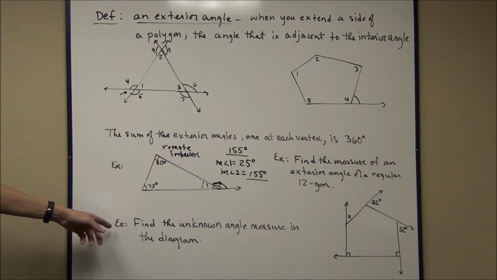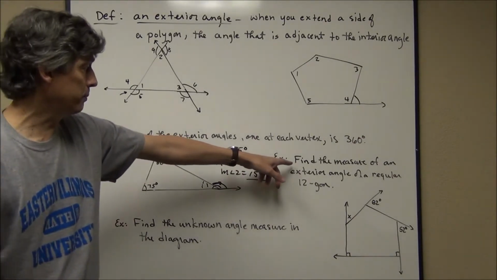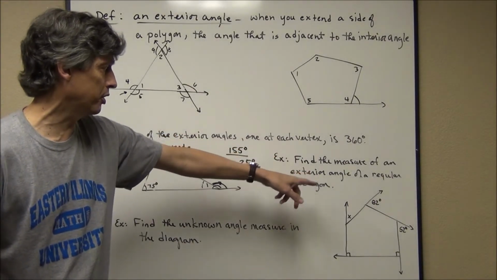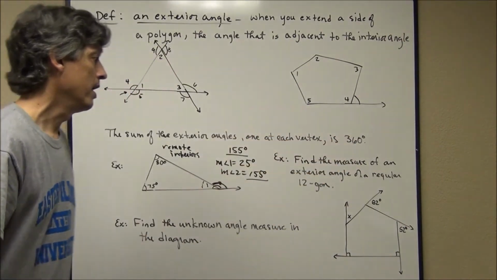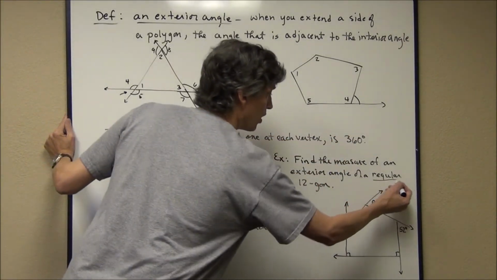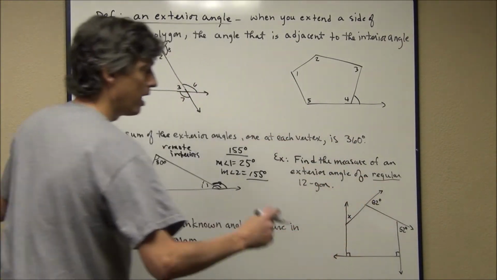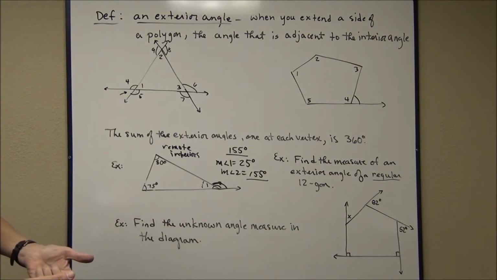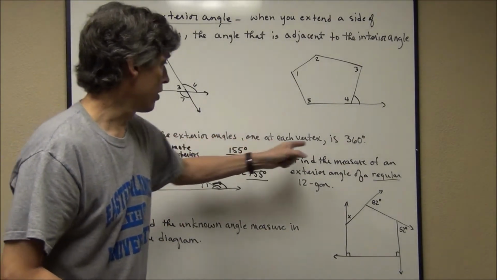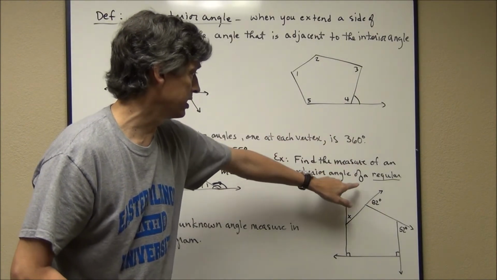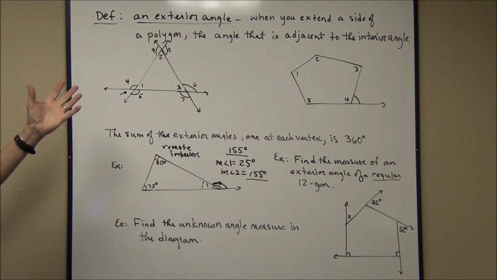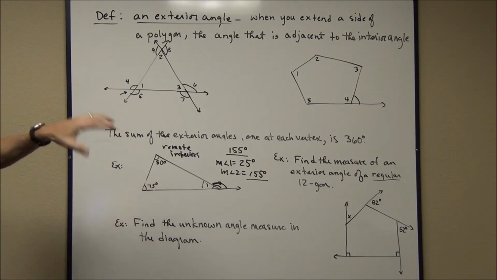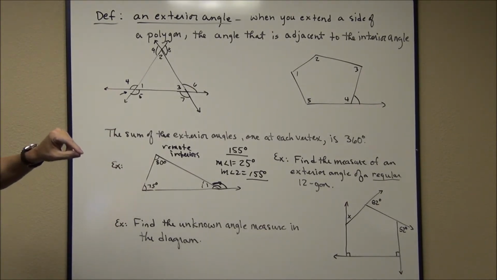Now, this particular example, or actually let's go over here. This particular example, find the measure of the exterior angles of a regular 12-gon. Now this is where I'm going to use this guy right here. Okay, if it's regular, first off, all the measures of the exterior angles add up to 360. If it's a regular polygon, in this case a 12-gon, which is like a dodecagon, what happens is each of the interior angles is congruent.